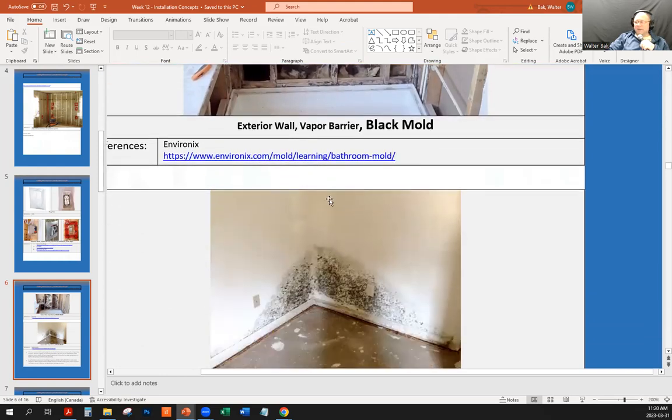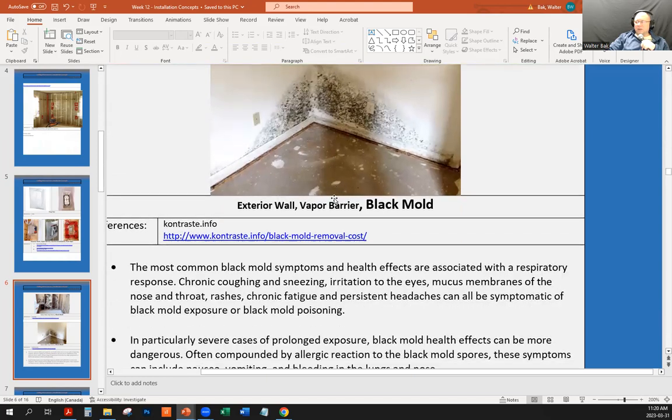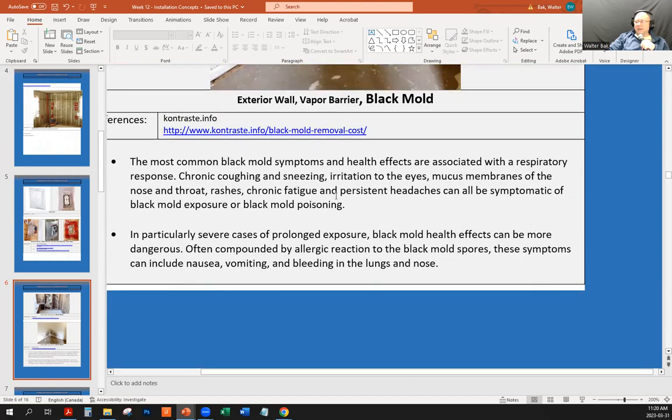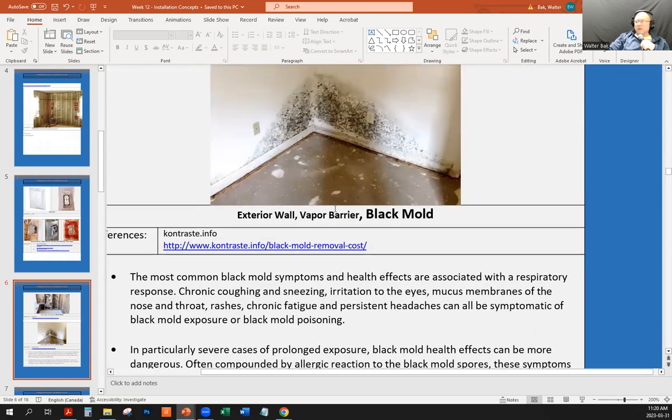When you see this, that means on the other side there's a huge mess already that was brewing for a long time. Now, I'm not going to go into the details of what black mold can do to you. However, if you see that there's black mold, just get out of the room. You don't need to breathe that in. Don't spend any more time than you have to.